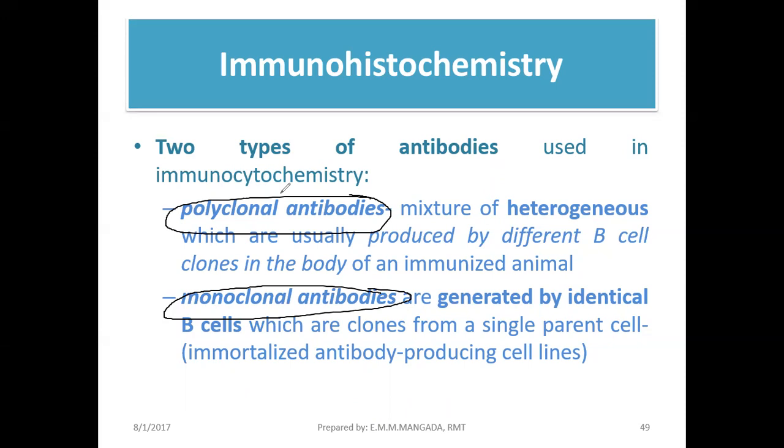That makes the test less specific. Okay? So, that's the difference between the use of your polyclonal antibody and your monoclonal antibody. Mamaya i-review natin yan, guys. Okay? Ulit. So, next is yan.